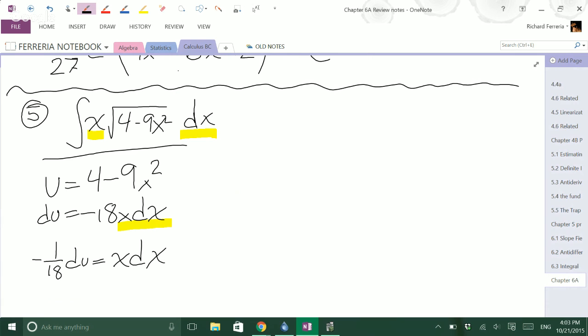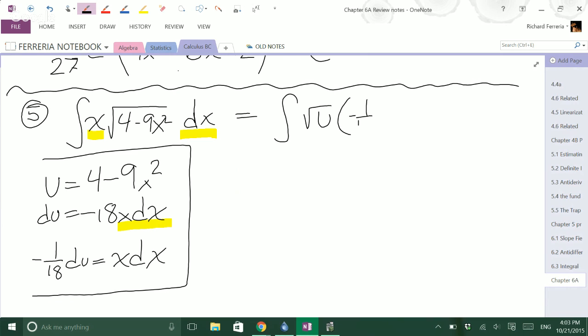Sorry. That's equal to the antiderivative of, okay, all of that underlined yellow stuff turns into negative 1/18 du. So just the square root of u, negative 1/18 du.